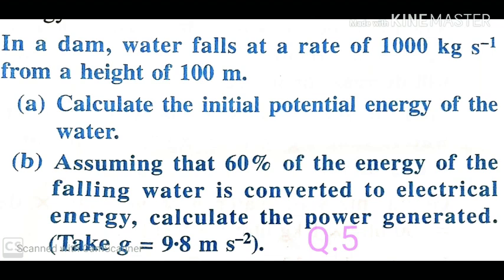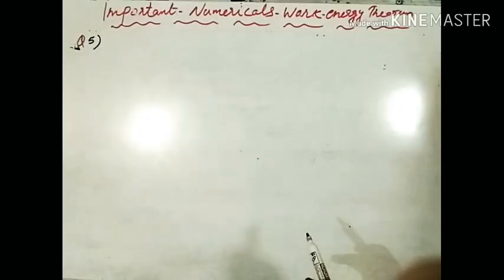In a dam, water falls at a rate of 1000 kg per second from a height of 100 meter. First, calculate the initial potential energy of the water. Second, assuming that 60% of the energy of the falling water is converted into electrical energy, calculate the power generated. Let's find out the quantities given.